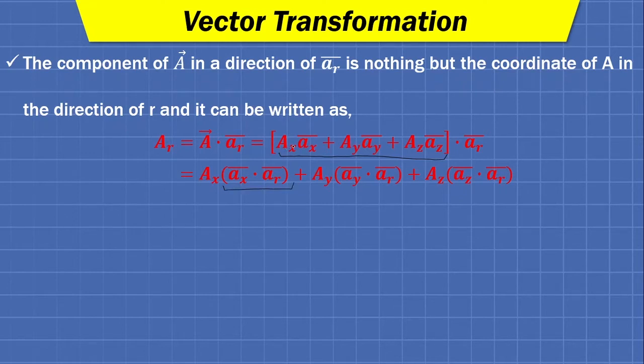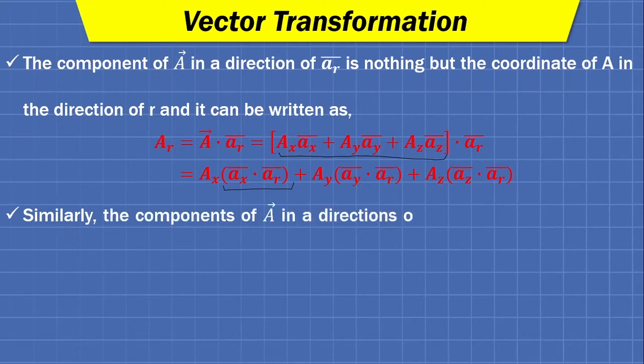So it will become AX into bracket ax bar dot ar bar. Here ax bar is a base vector in the Cartesian coordinate system and ar bar is a base vector of the cylindrical coordinate system. Similarly, we can write the second and third terms as AY, ay bar dot ar bar plus AZ, az bar dot ar bar. And similarly, the components of A bar in the directions of a phi bar and az bar can be written.